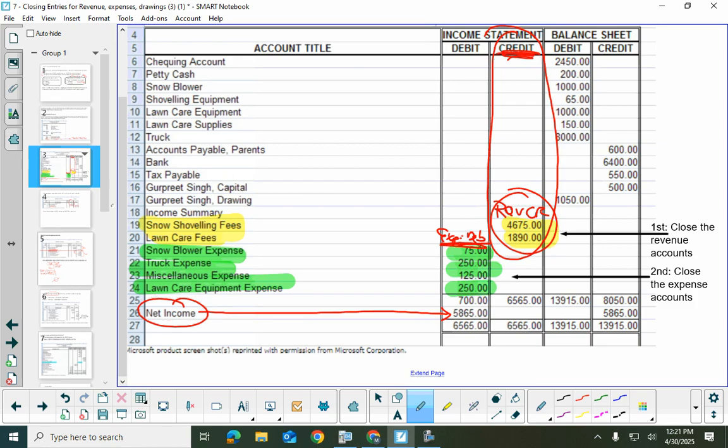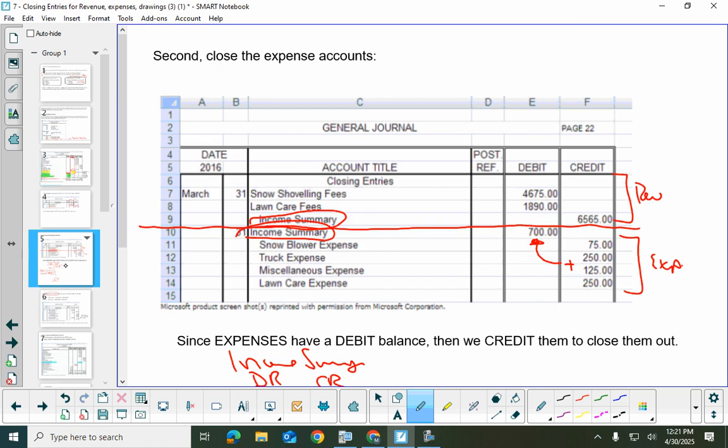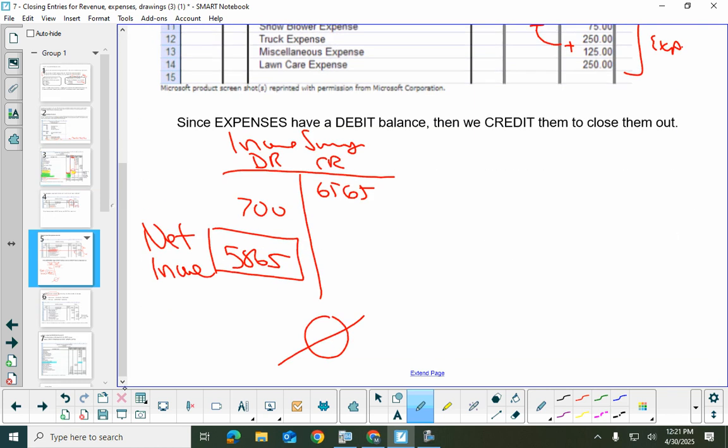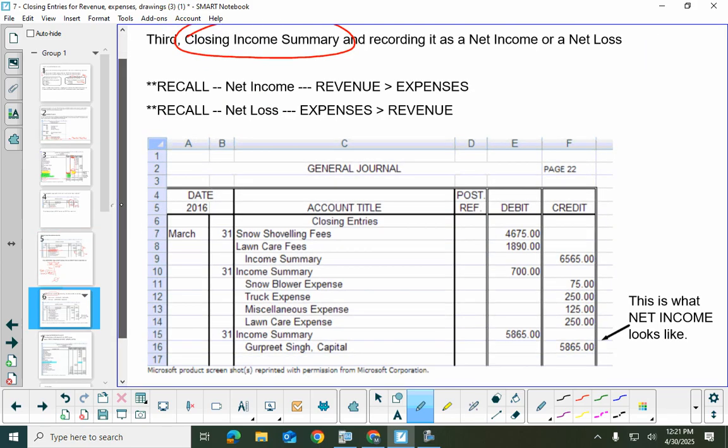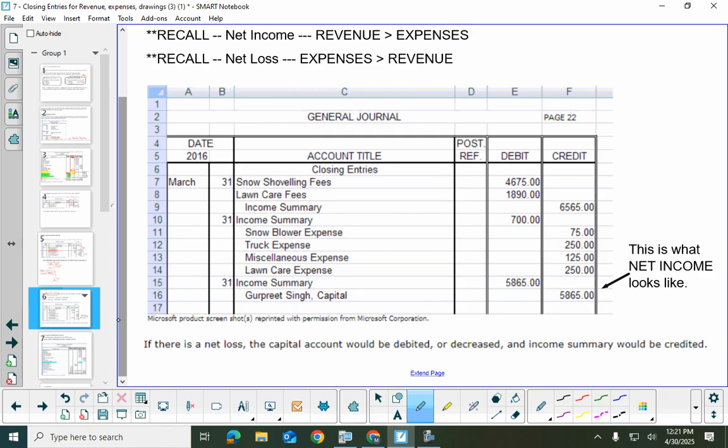So that's why we had a net income. So what we're going to do to close out income summary, I'm going to debit income summary, 58.65. So right here, I'm going to debit income summary, 58.65.